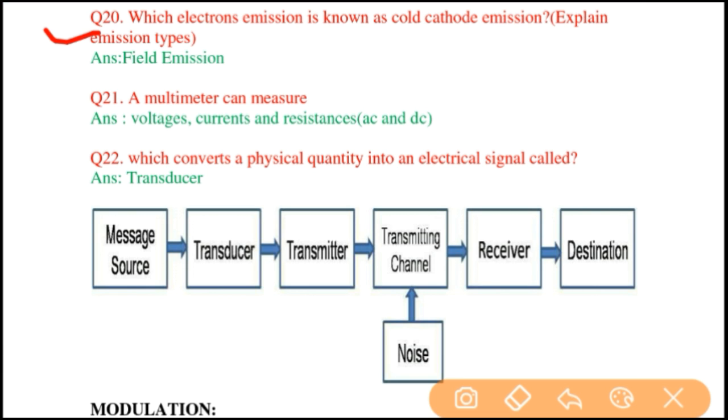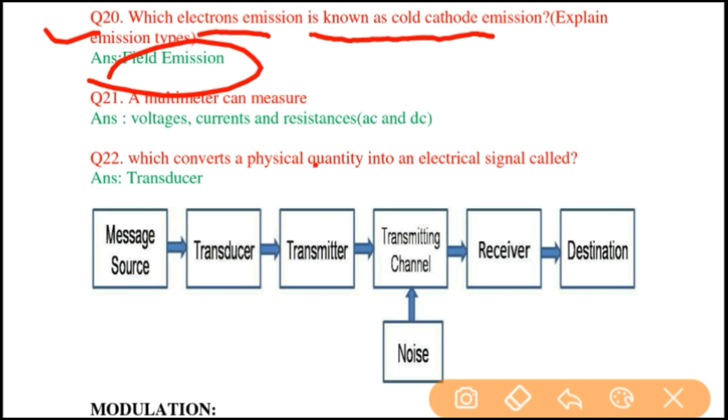In the next question, which electron emission is known as cold cathode emission? Field emission is known as cold cathode emission. We have four types of emission. They are thermionic emission, where we give thermal energy to release the electron.